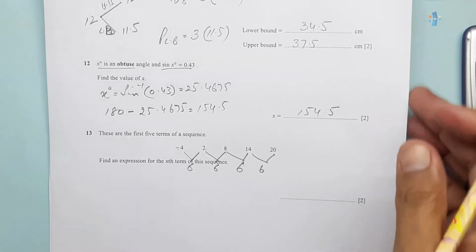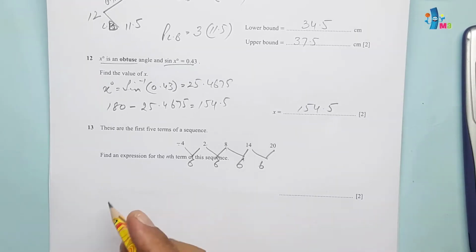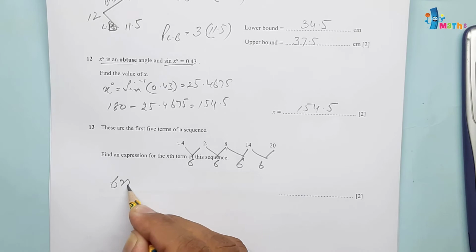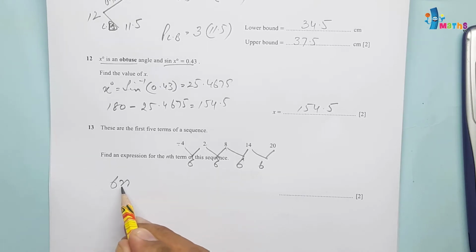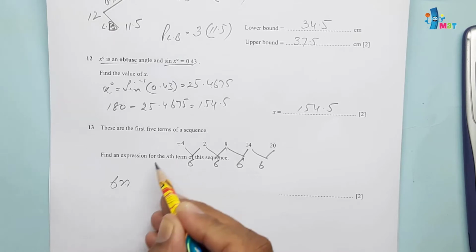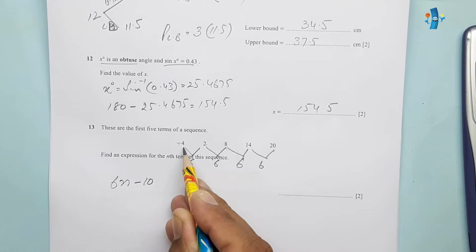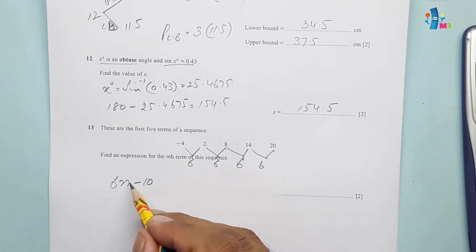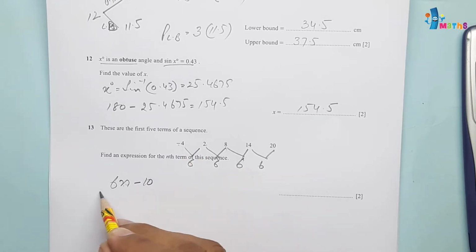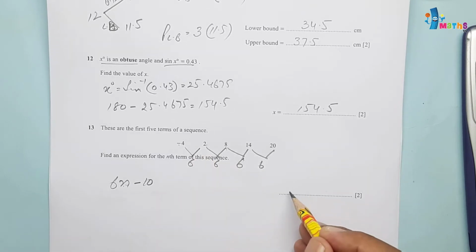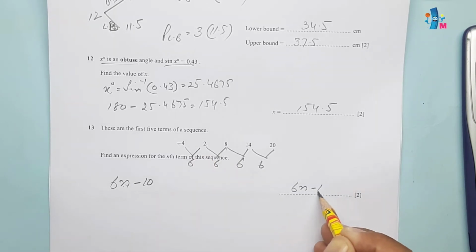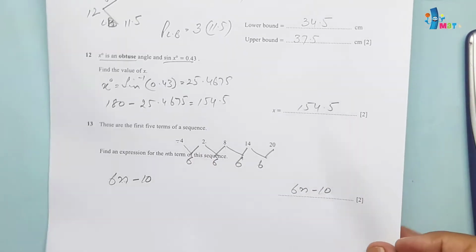So we can write the formula 6 into n. If we replace n is equal to 1, we will get 6. But we require minus 4. So we can subtract 10 to get minus 4. If we replace n is equal to 2, this will be 12 minus 10, which is 2. So this formula is working. We can write 6n minus 10 as our answer.